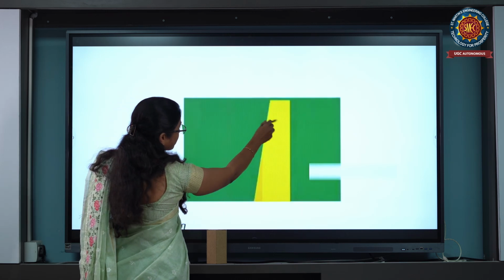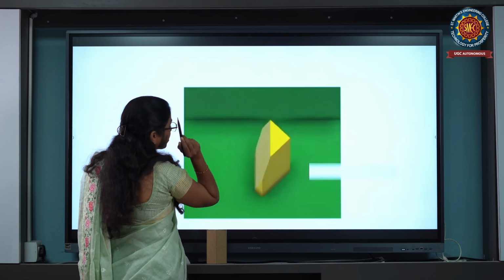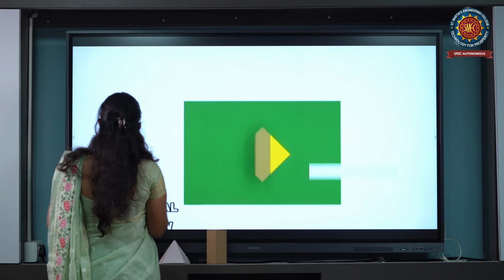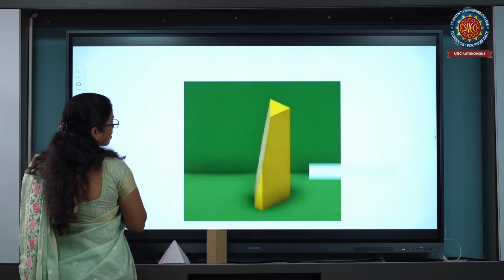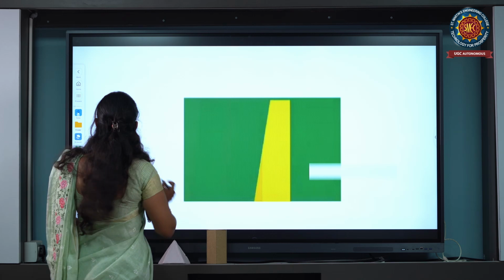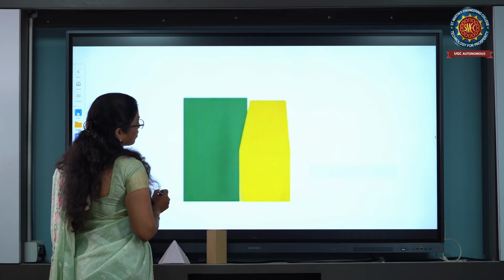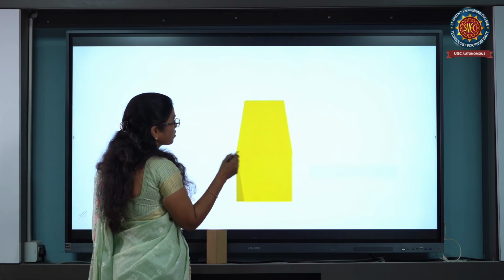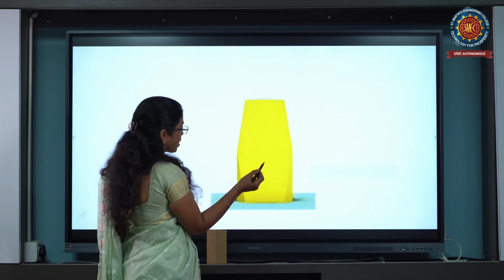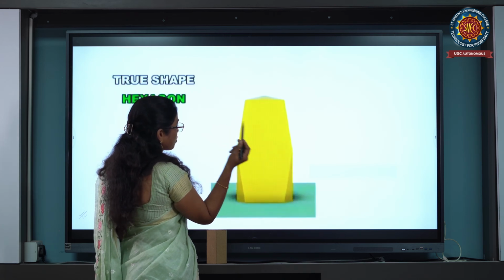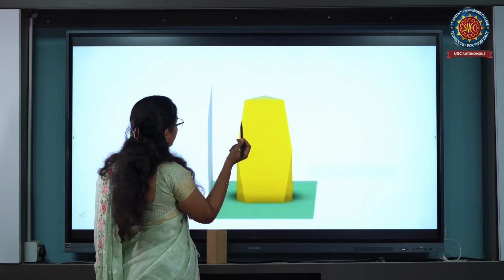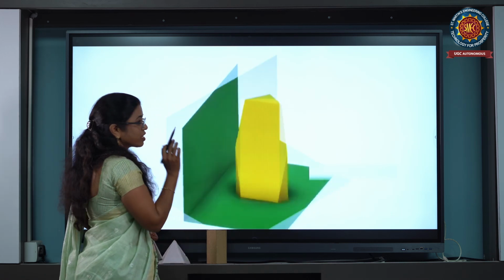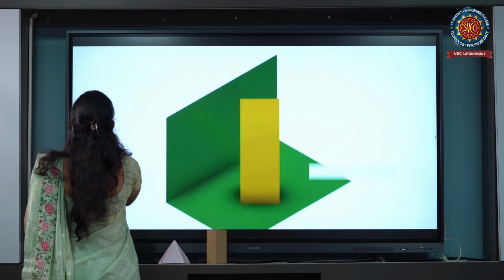You can see the internal details. What are the internal details of an object? Here four types of section planes we are using, and we get the object. What is the true shape of the object? And we need to draw the cut surface also here.